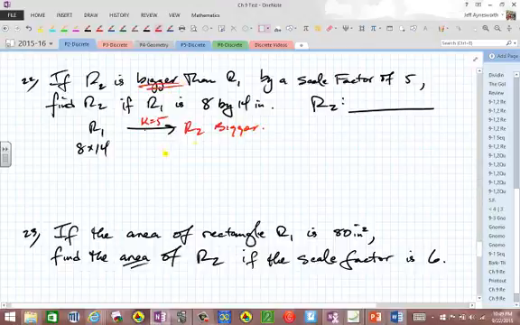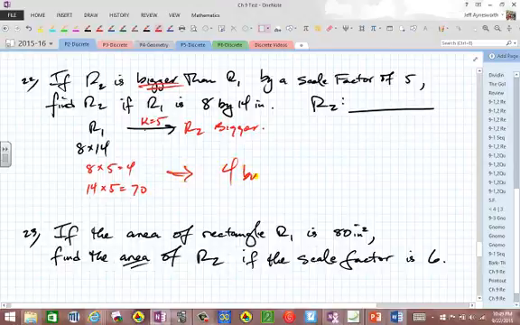So 8 times 5 is 40, 14 times 5 is 70. That tells me it's a 40 by 70 inch rectangle. That's R2. You guys, this is not too hard.